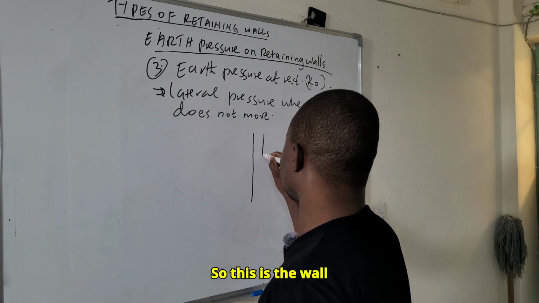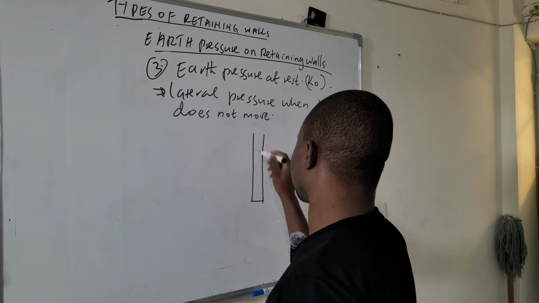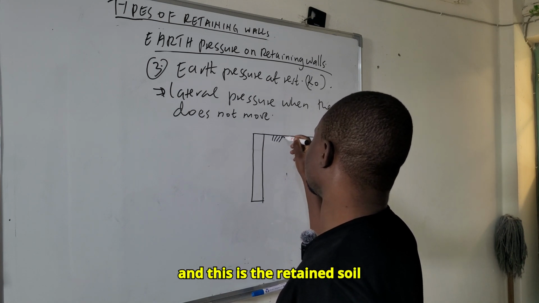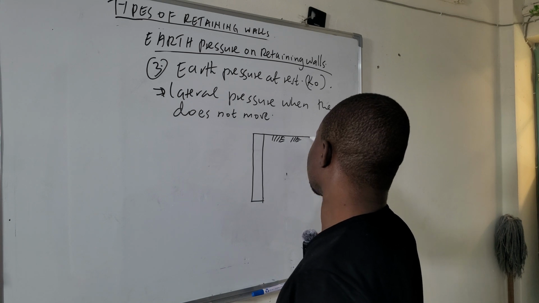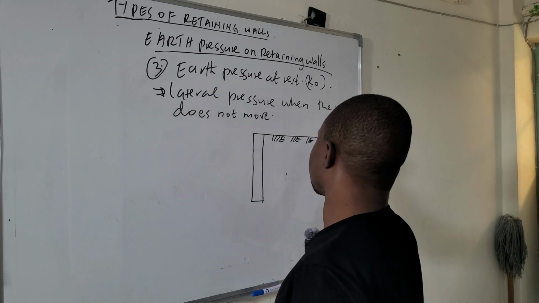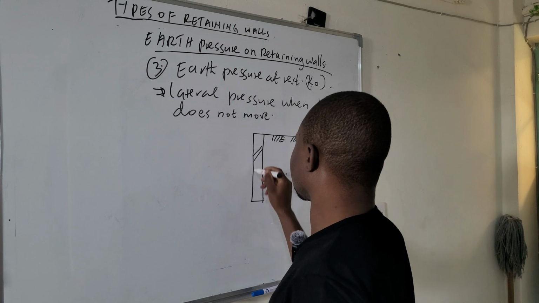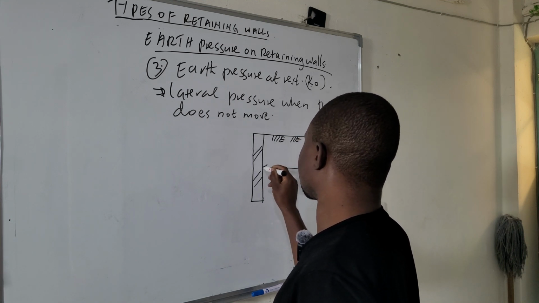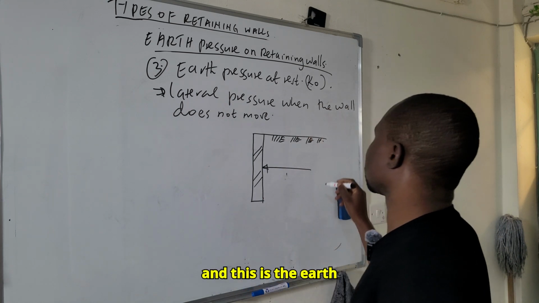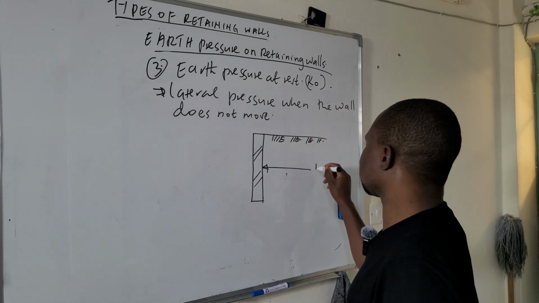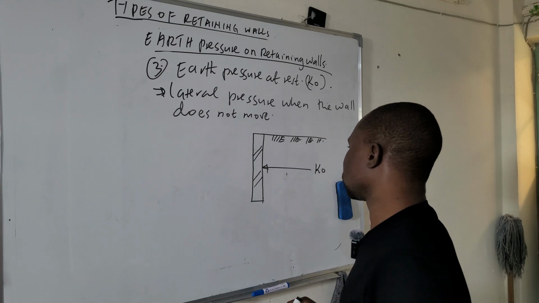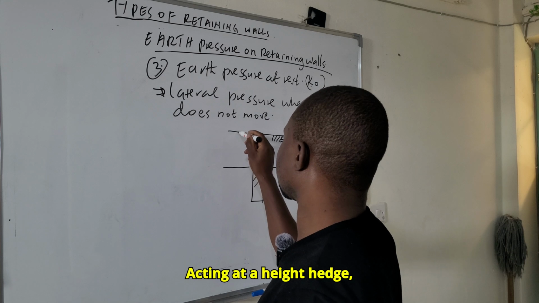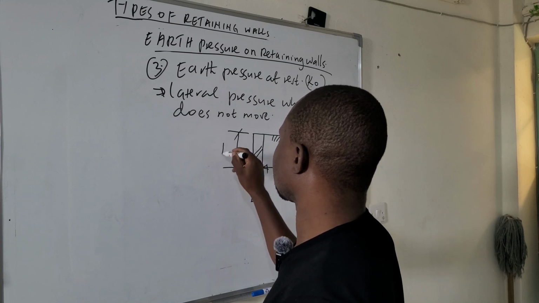So this is the wall, and this is the retained soil. And this is the pressure, earth pressure at rest, acting at a height h.